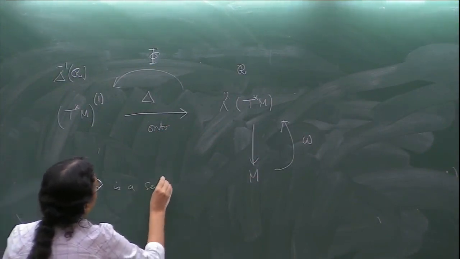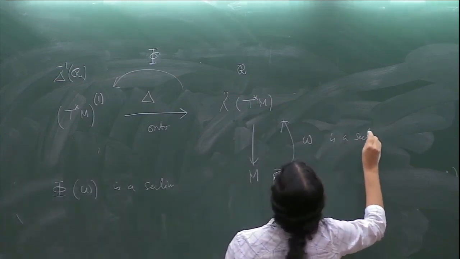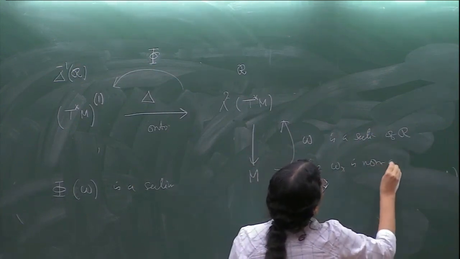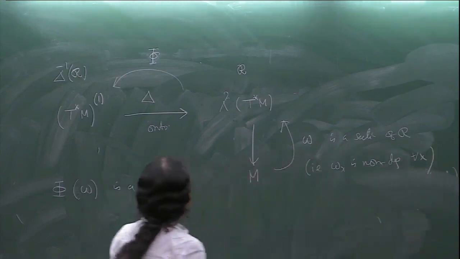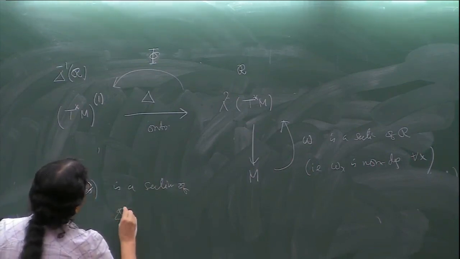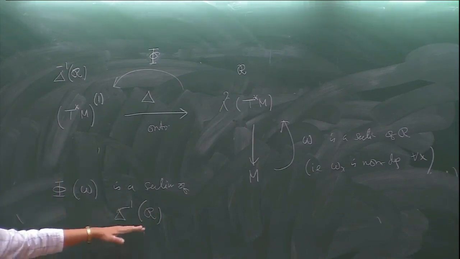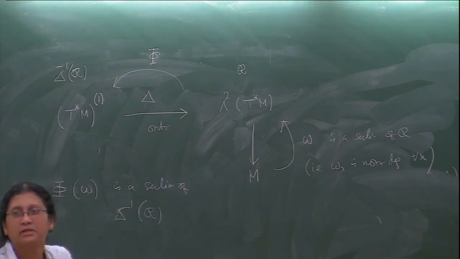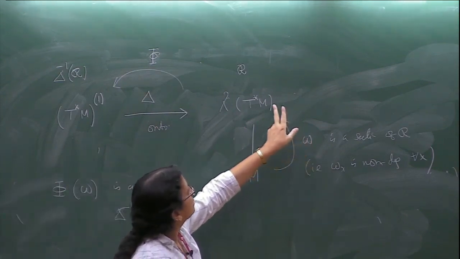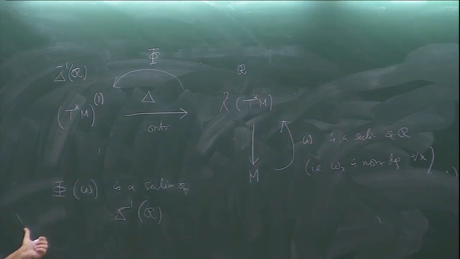This is a section, so phi omega is a section of delta inverse R, and which satisfies H principle. And what are its solutions? Solutions are all exact symplectic forms. So start from a non-degenerate 2 form on the manifold, I have defined a exact symplectic form.